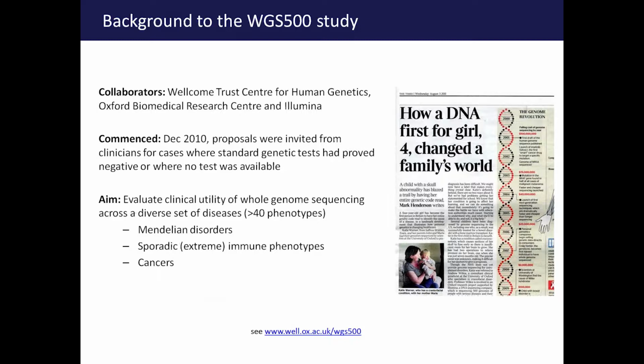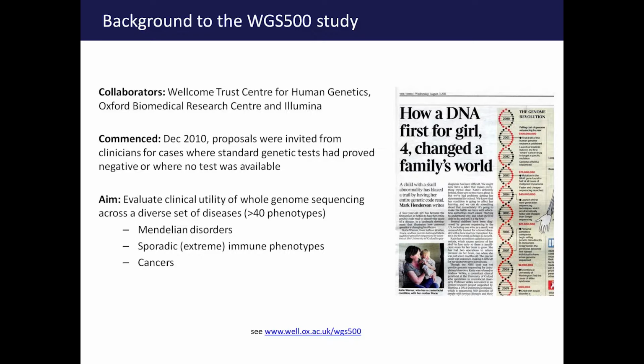Just some background before I go on to the third patient I want to talk about. The third patient came from this WGS500 study, which is a collaboration between the Wellcome Trust Centre for Human Genetics, where I work, and the Oxford Biomedical Research Centre, and also with Illumina.